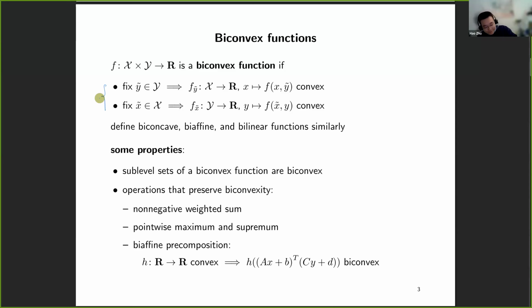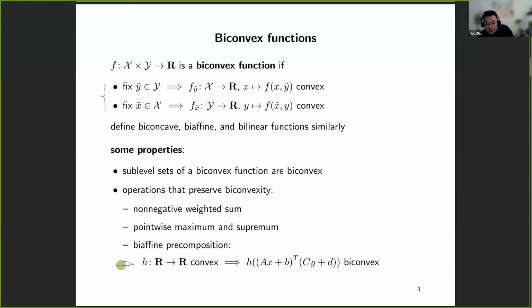This is almost the same as convex functions, right? We have non-negative weighted sum, pointwise maximum, supremum, and there's a little bit of variation here. It's just the bi-affine precomposition, which says if h is convex, then a bi-affine precomposition of h is biconvex, right? So based on my experience, I think that's one of the most frequently appearing forms in biconvex optimization problems.